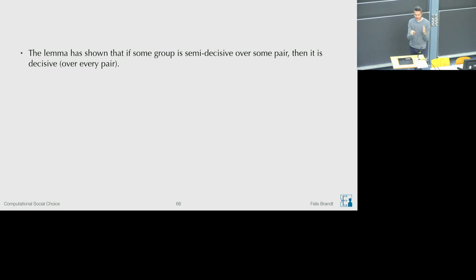And that's why it's called the splitting lemma, because what we are showing is that if some group of voters is decisive, then we can partition it into two non-empty groups of voters such that one of them is decisive. Okay, does anybody see why that would yield the proof in the end? Okay, so why this lemma is, yes?